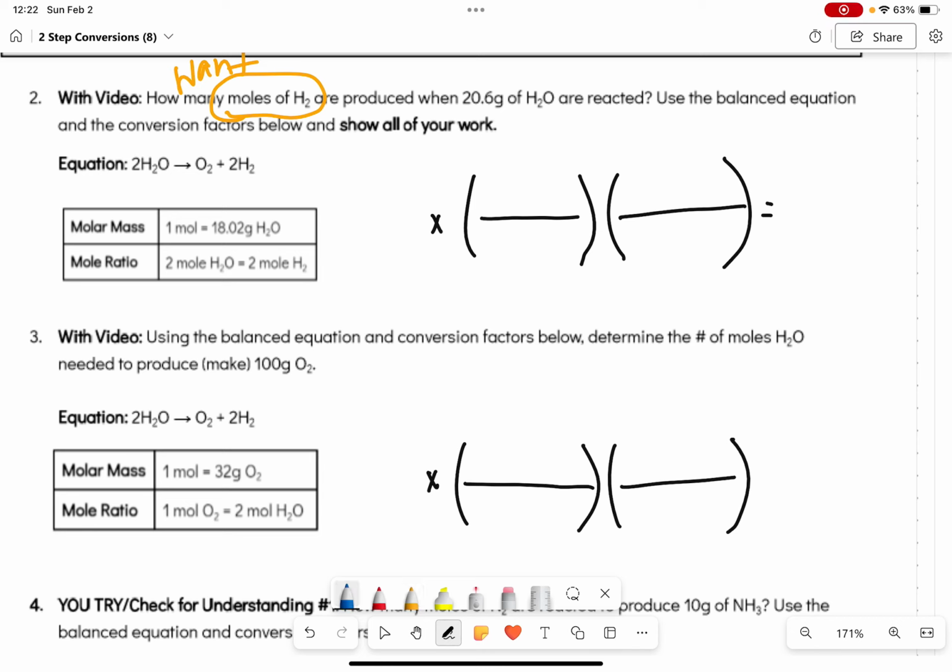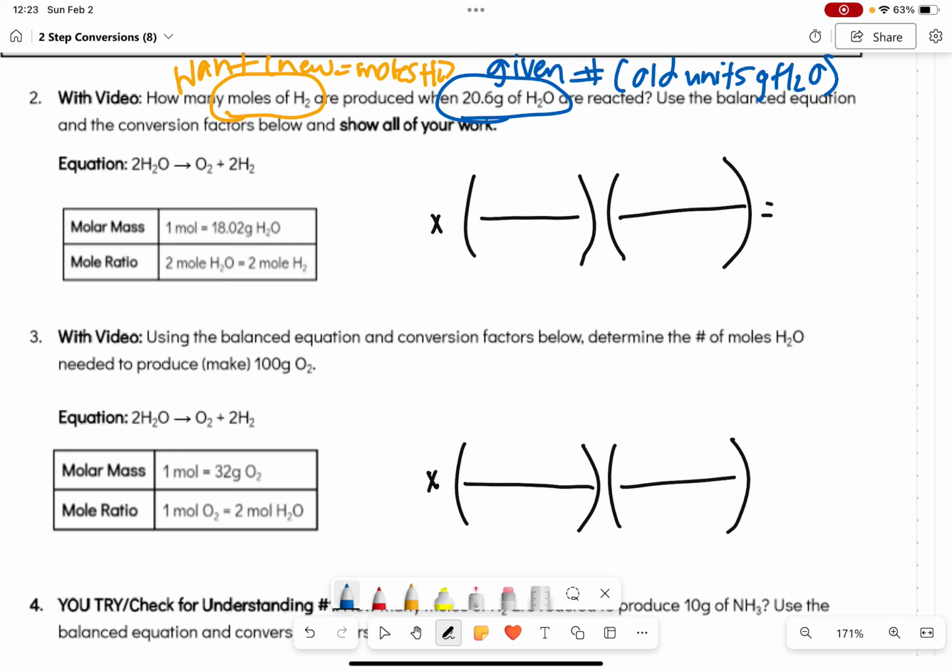And then I'm going to use blue to show my given, what I start with. So remember, your given number has your old units. So in this case, our old units are grams H2O. And then what we want to find is our new units, which is moles H2.